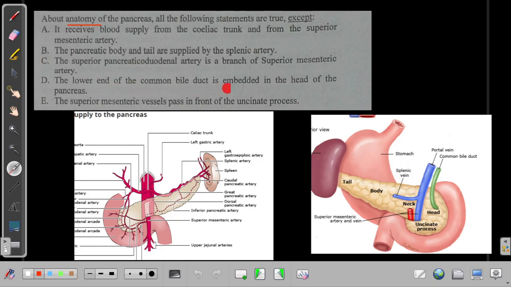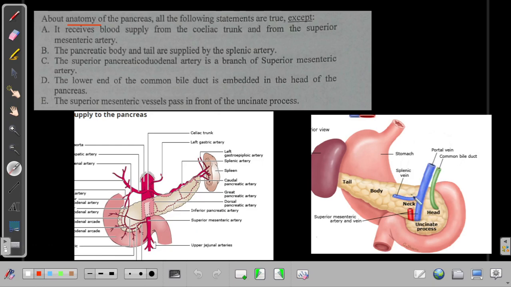The lower end of the common bile duct is embedded in the head of the pancreas, which is true. The lower end of the common bile duct is embedded in the head of the pancreas before it opens into the second part of the duodenum, in its posteromedial aspect. This view is the pancreas as you look at it from behind. You notice that the lower end of the common bile duct is embedded in the head of the pancreas. And you notice that at the neck, the splenic vein joins the superior mesenteric vein to form the portal vein.